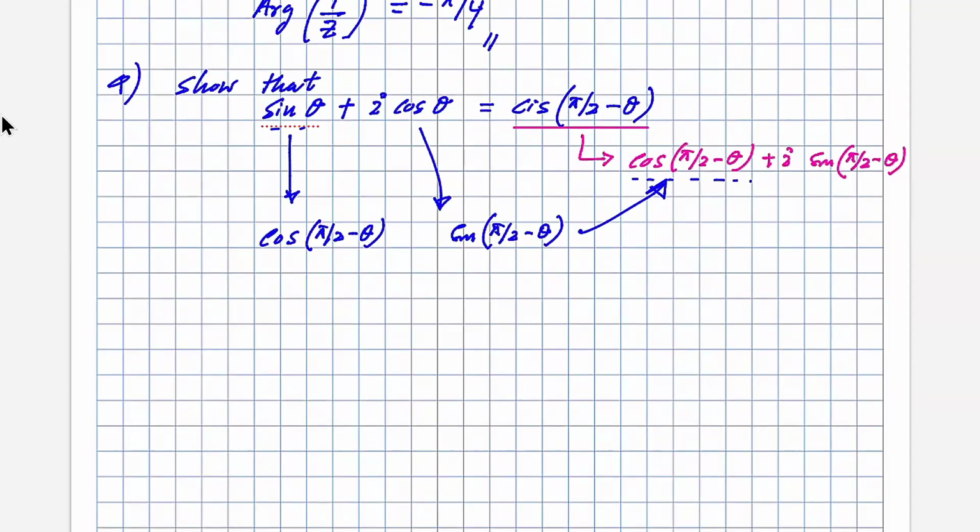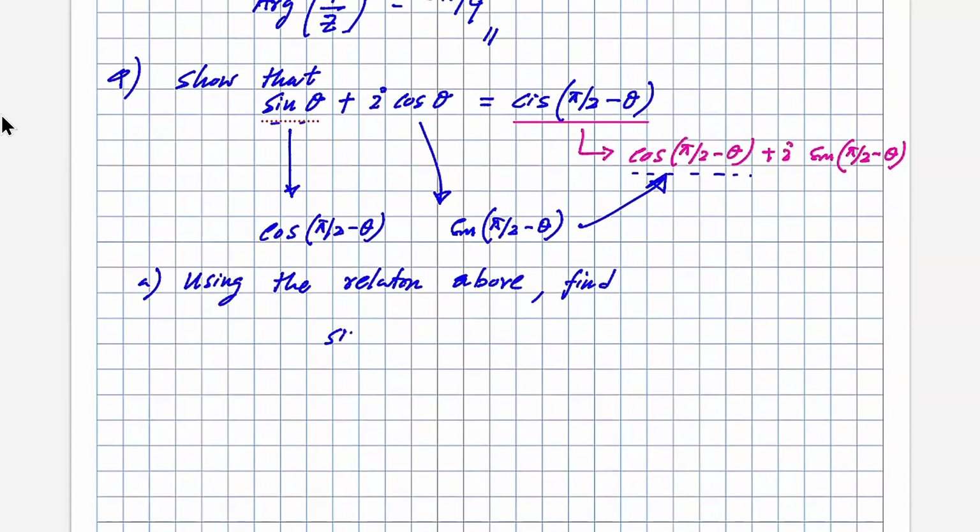Correct? So using the relation above, find sin theta plus I cos theta to the power 7.